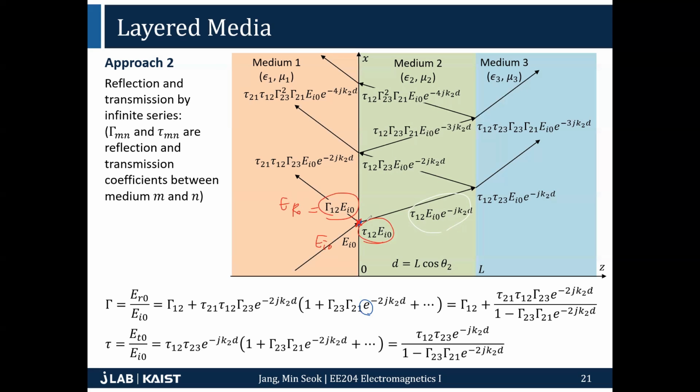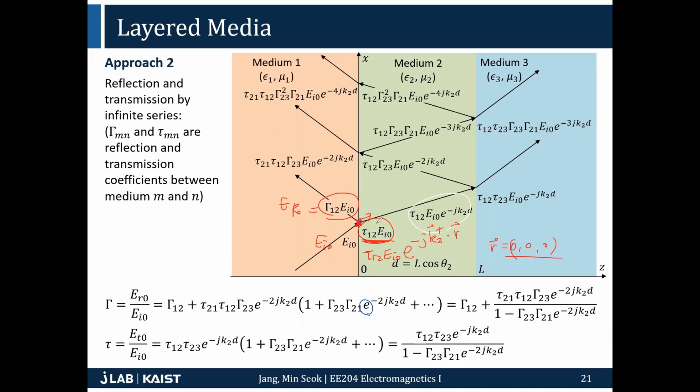Once you have a transmitted wave, you can write it like this, tau 1 times EI naught, e to the minus j k2 plus dot r. This is the full form of this wave. When this wave was at r equals 0, 0, 0, that's tau 1 times EI naught.